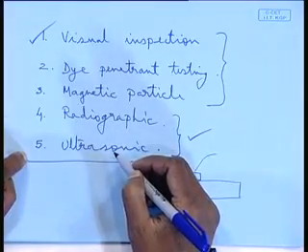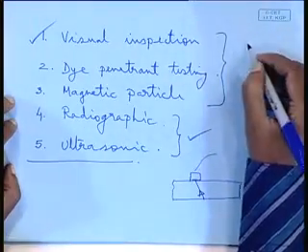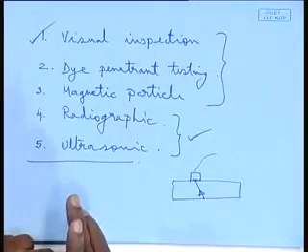These are all specified by classification society rules, that what type of testing is a must. Visual inspection is a must for the entire weld length. Very vulnerable places, radiographic or ultrasonic testing is a must, right. So, that is how we see that these are the NDTs which are primarily used in shipbuilding. There are many more, but in shipbuilding these are the most relevant and these are the ones which are used.